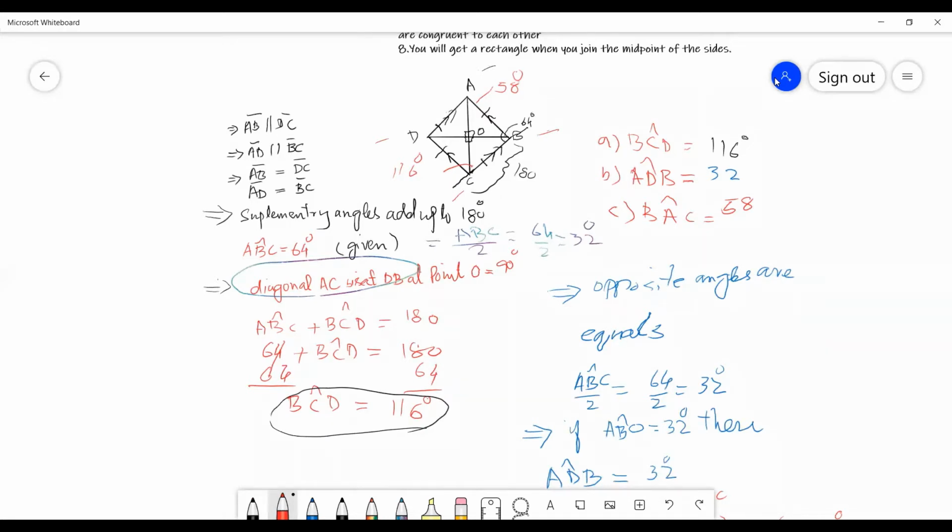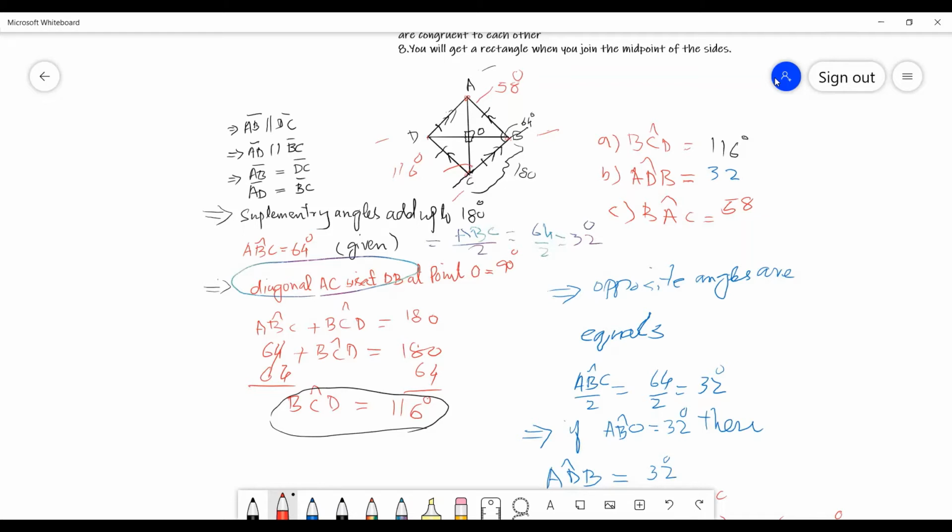There are a few points we should discuss before starting the solution. Number 1, segment AB is parallel to DC. Point number 2, segment AD is parallel to BC.